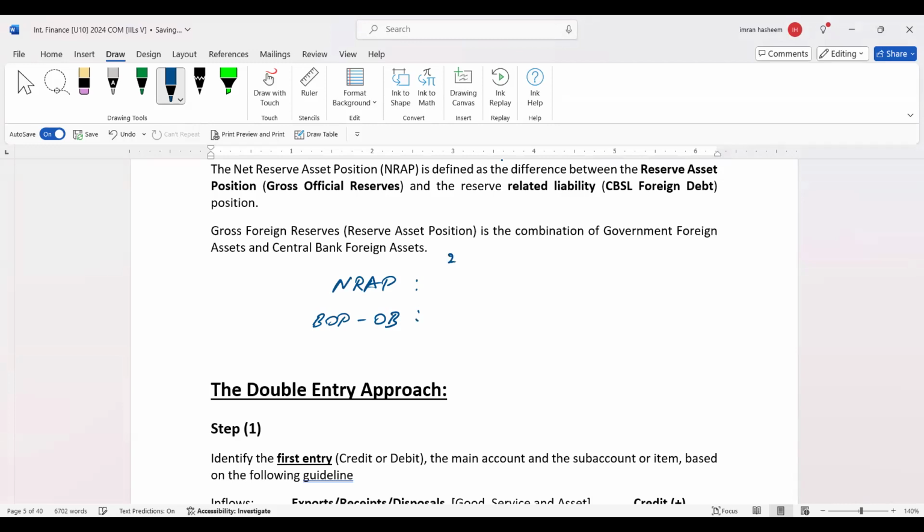Take 2018 and 2019 as the pre-crisis comparison before the crisis, and then take 2021 and especially 2022 after the crisis, and take the numbers and compare. You will see the trend.